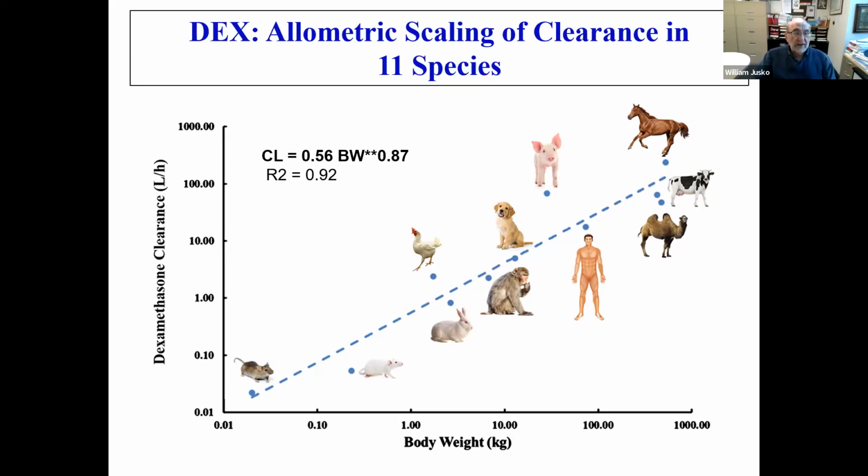This graph is showing an allometric graph, clearance versus body weight. You see the data points fall nicely on a regression line. The power coefficient is 0.87. Basically, dexamethasone scales classically according to the allometric body weight relationship that you see.